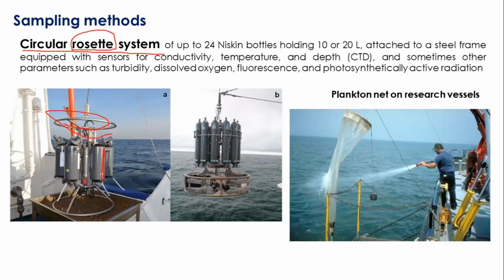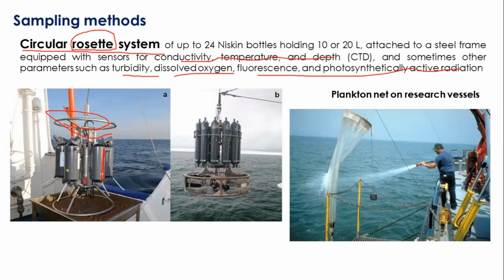But that is difficult in the open sea. So it is fixed in a rosette system where close to 24 Niskin samplers can go all together at one time. This system is also attached with sensors for conductivity, temperature, and depth. In certain cases, you can also have parameters like turbidity, dissolved oxygen, fluorescence, and photosynthetically active radiation, and whatever other sensors you would like to add, right?